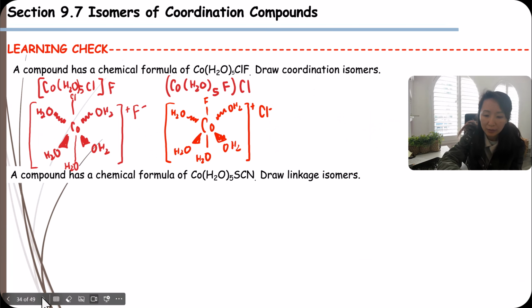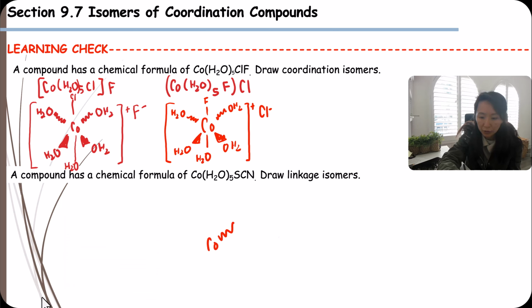Let's do that. Same thing, we have cobalt, 2 going back, 2 going forward, and my H2O on all sides. And we have H2O on the bottom.